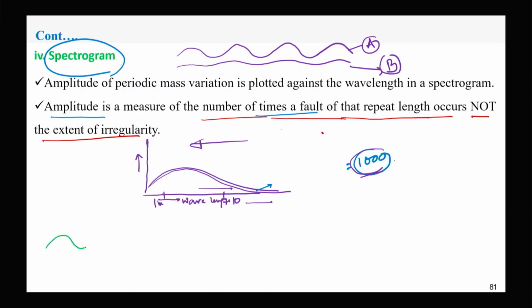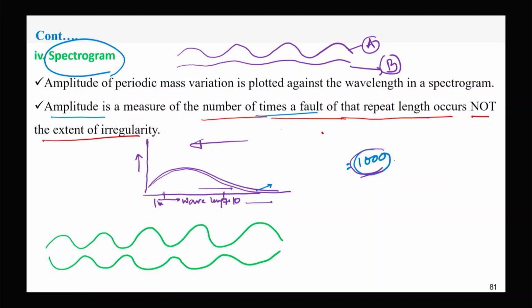So this is yarn 1, another yarn of same wavelength. Yarn 1 green color, yarn 2 blue color.